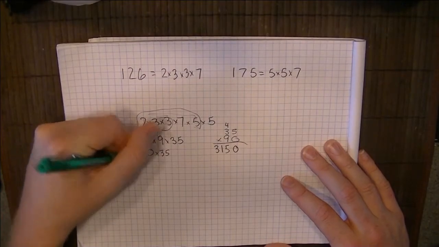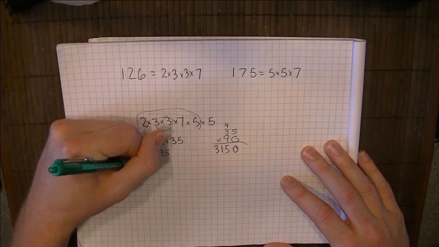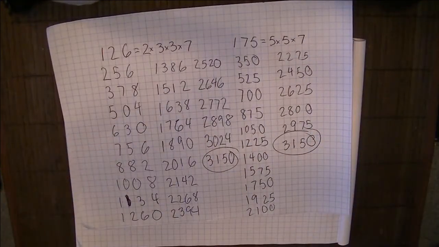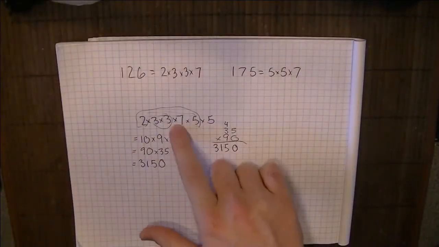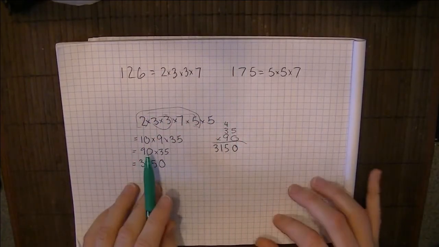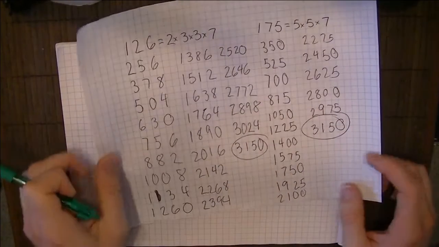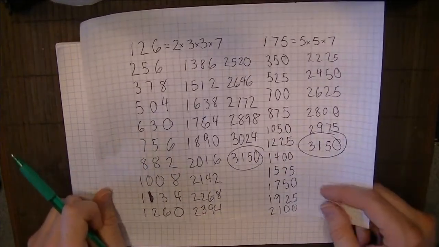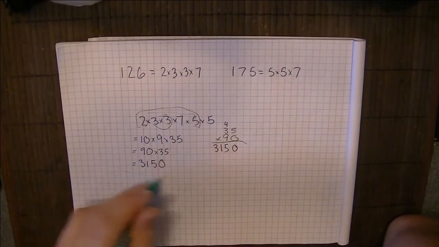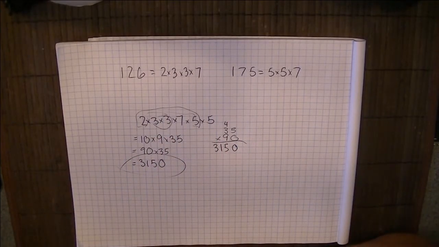And lo and behold, 3,150, which is the number that we got before. Okay, so that's much faster. Even without a calculator, doing a bunch of multiplication here is much faster than doing all of this addition. So that's the way of finding the least common multiple.